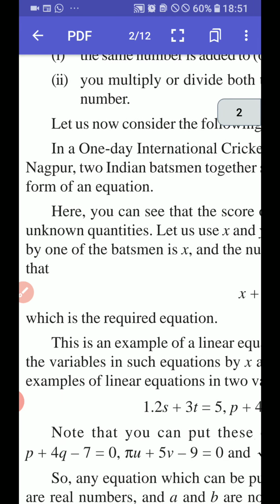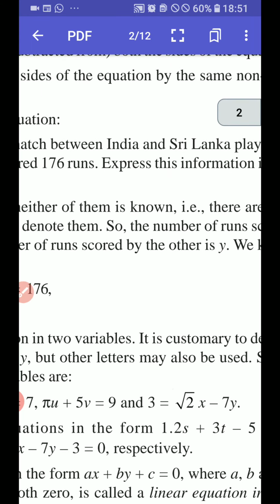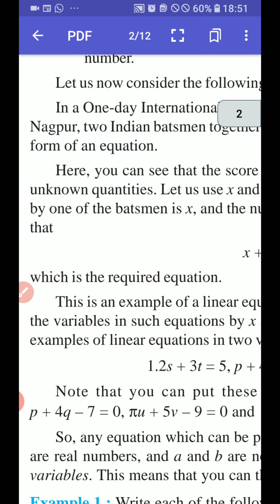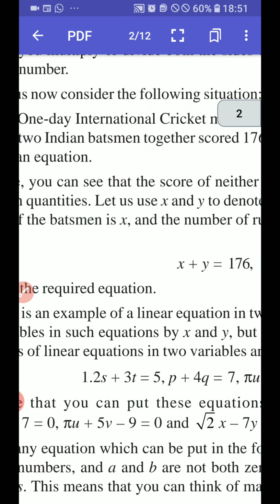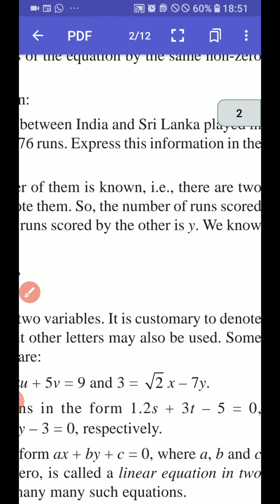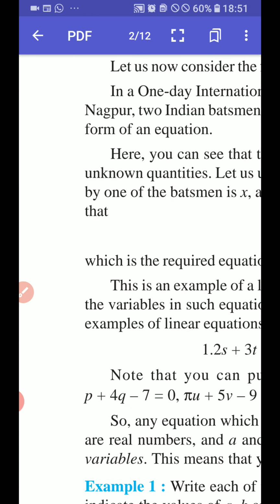Let us now consider the following situation. In a one-day international cricket match between India and Sri Lanka played in Nagpur, two Indian batsmen together scored 176. This is the total score made by both of the players. Express this information in the form of an equation.